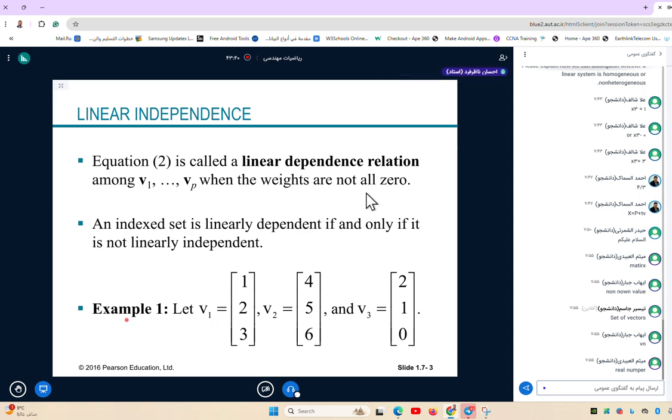So look at this example. Very easy. Vector v1 is 1, 2, 3, v2 is 4, 5, 6, and v3 is 2, 1, 0.